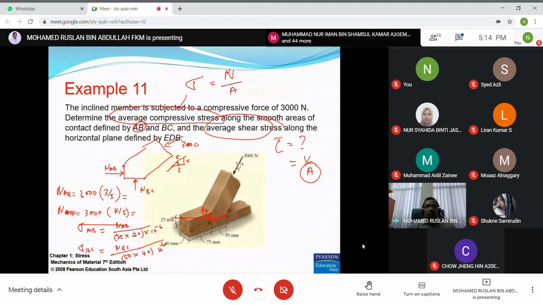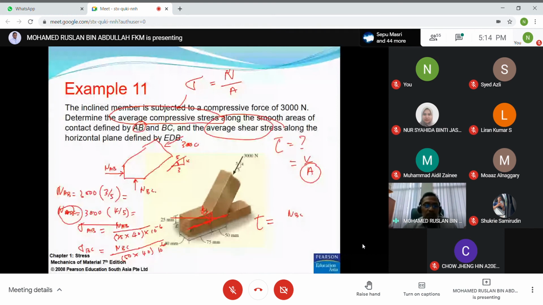And for the average shear stress along the horizontal plane defined as EDB, the shear force along this line is equal to NBC, which equals NAB in this direction.